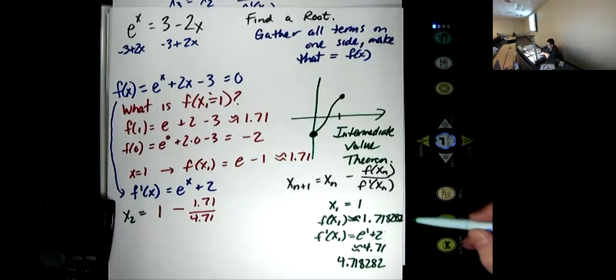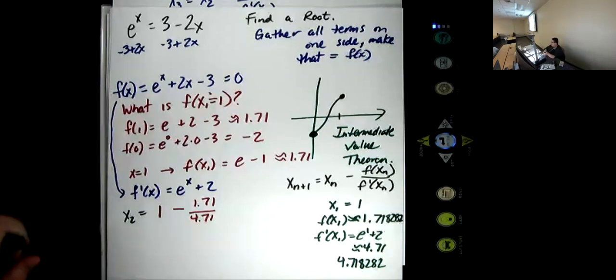And I've got 6 decimal places, so we'll go to 5 decimal places here, one decimal place past what I wrote.